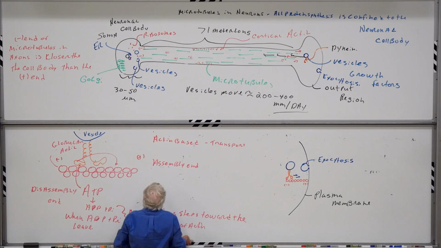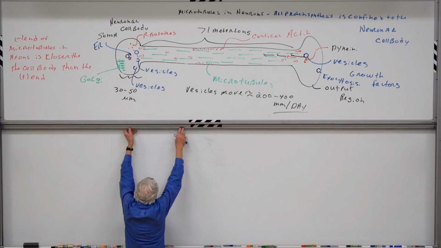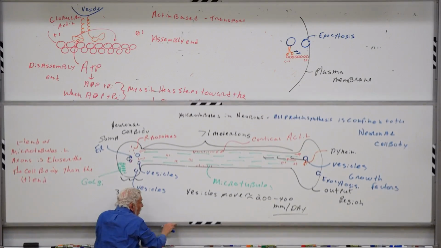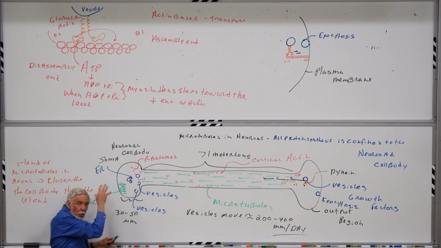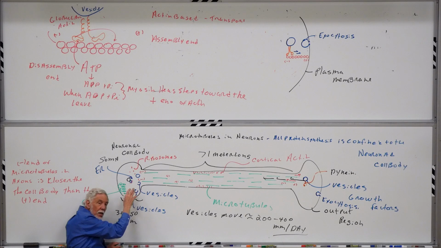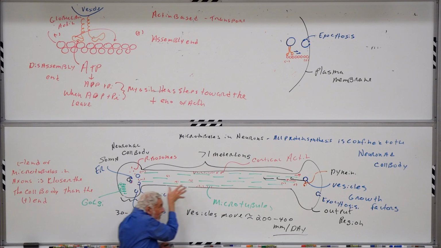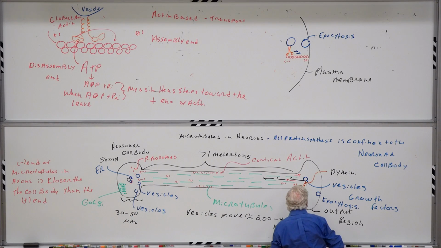In this way, then, we can imagine generating vesicles here, loading them with proteins and putting them on the microtubules to be transported by kinesin effectively down to the terminal.